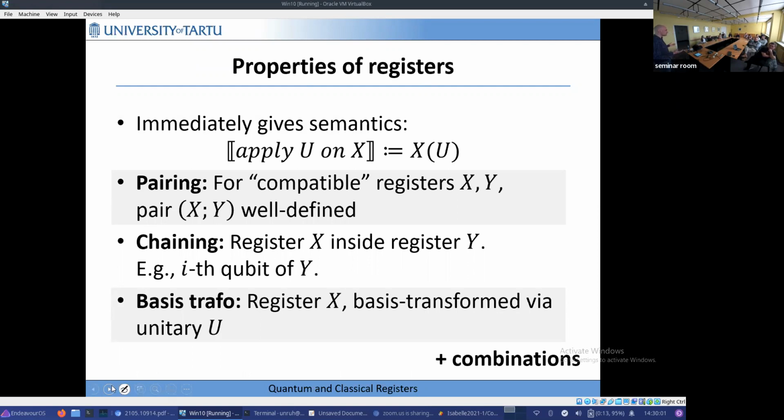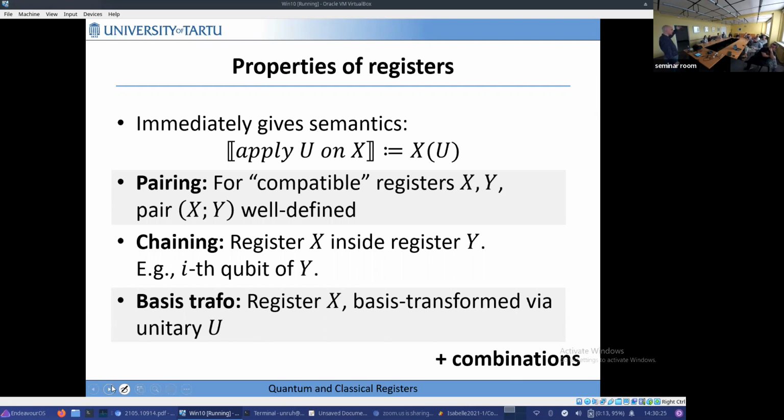At first, one thing that I don't have on this slide, but the first question you can ask yourself is whether the most elementary constructions of registers are actually registers. So, for example, when you have four wires, is the second wire a register? Well, the interpretation of a register for these very concrete cases is obvious.